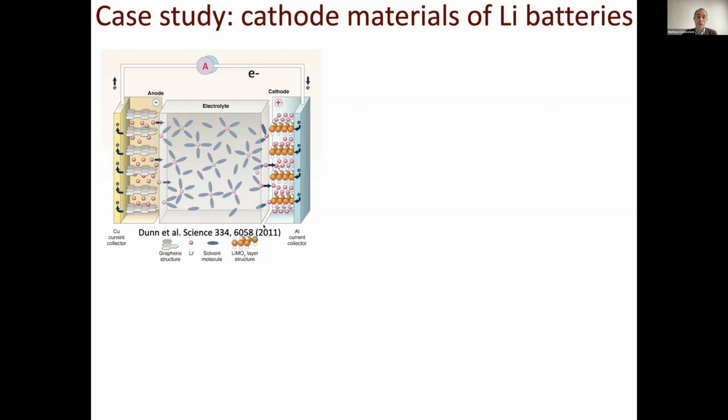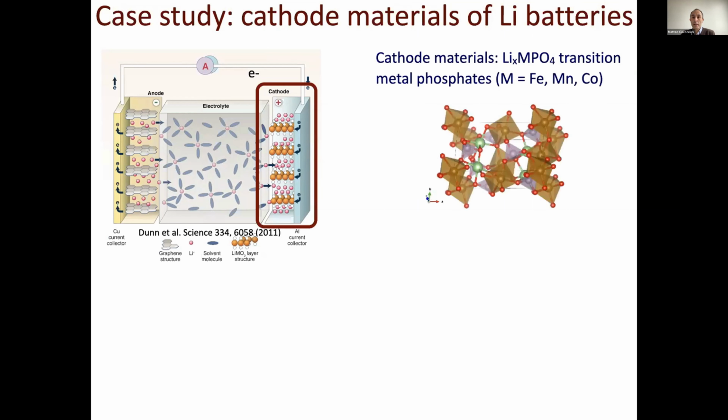And I will focus specifically on the class of materials that was also mentioned by Professor Marzari yesterday morning, basically the phosphates of transition metal and lithium, a class of systems we worked on mostly recently. This is a class of so-called intercalation cathode materials because lithium is able to go in and out without major structural changes in the hosting crystal.